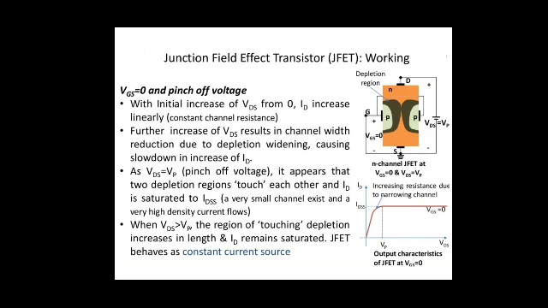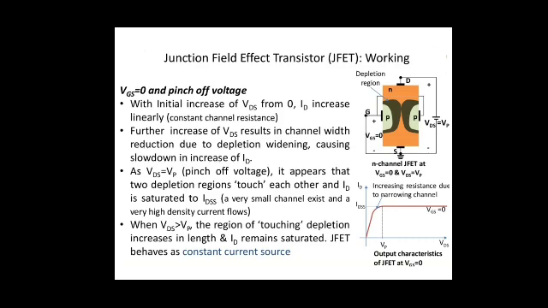One pinch off occurs due to the application of VDS: whenever you increase VDS, pinch off occurs. One more pinch off occurs due to the application of VGS, the reverse voltage at the gate terminal.